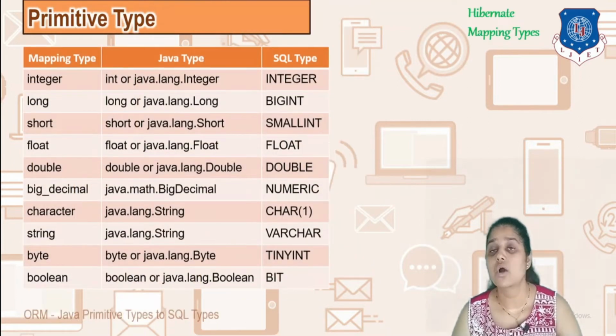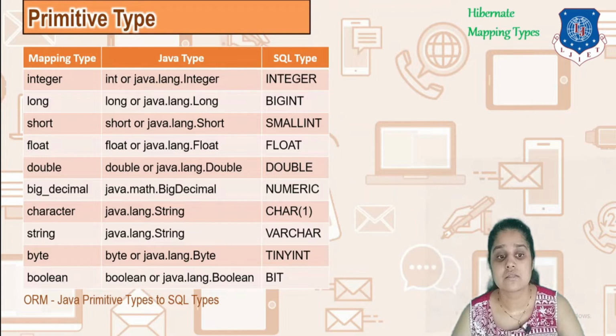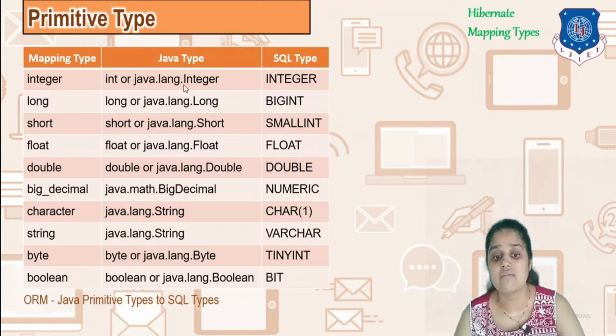Now let us see what kind of mapping can take place. The first type of mapping is that of a primitive type. As you can see, integer: if I want to map, my class file is going to have int or java.lang.Integer, which will be stored in a table which has the data type integer.